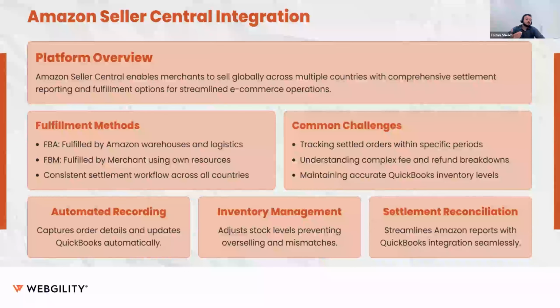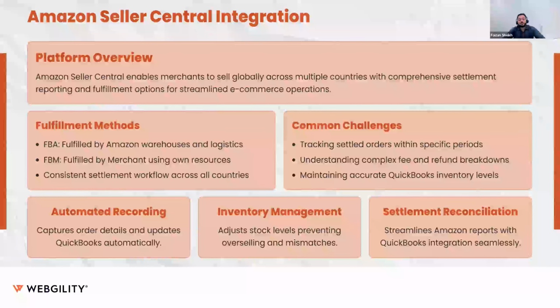Now, when Amazon generates a settlement report bi-weekly, we suggest our customers download the settlement report and post it into QuickBooks. When it records the settlement report, first, WebGility applies payments to all the order invoices that were settled in the period. Second, it records refunds as credit memos and all the expenses as check entries.